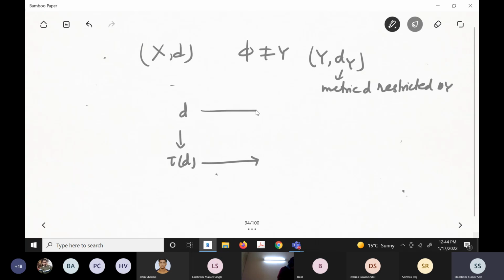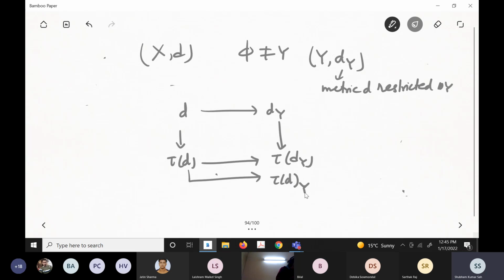And here you are getting the subspace topology.